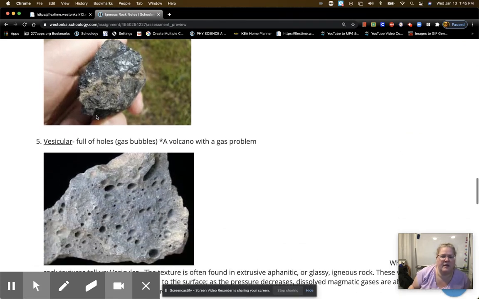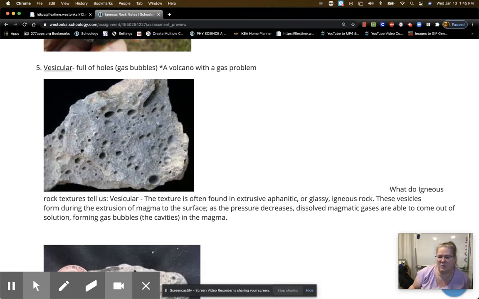Vesicular is basically a volcano with a gas problem. So vesicular texture is found in extrusive, aphanitic, or glassy igneous rock, which is a fancy way of saying the stuff is shot out of the volcano. And because when you're deep underground, there's so much pressure, it keeps the gases from the magma dissolved.